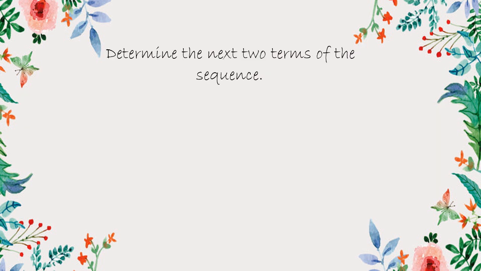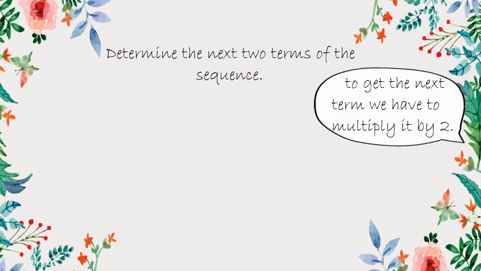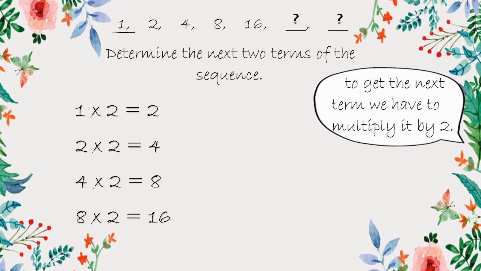Now, let us try to determine the next two terms of the sequence. So to get the next terms, we have to multiply the terms by 2, our common ratio. The first term of the sequence is 1. So 1 multiplied by 2 is equal to 2. 2 multiplied by 2 is equal to 4. 4 multiplied by 2 is equal to 8. 8 times 2 is equal to 16.